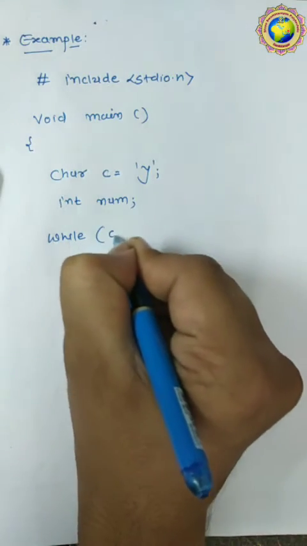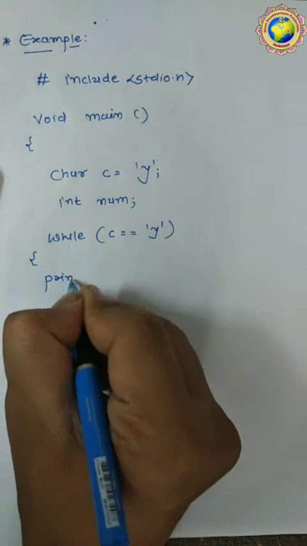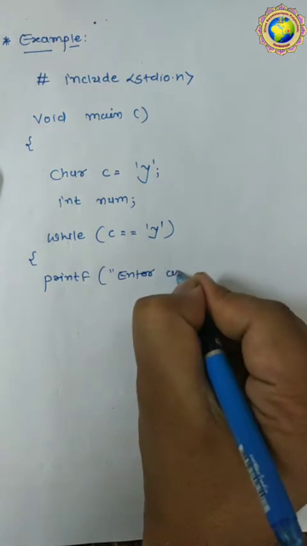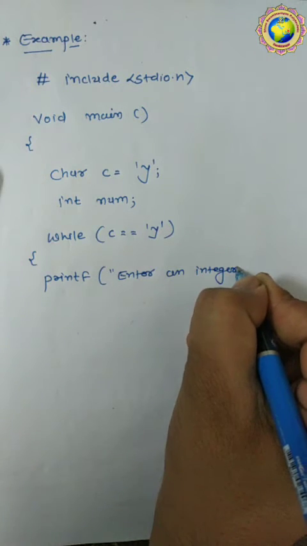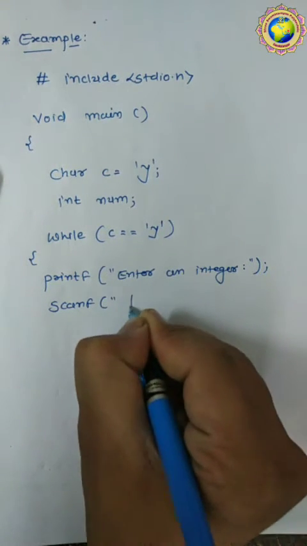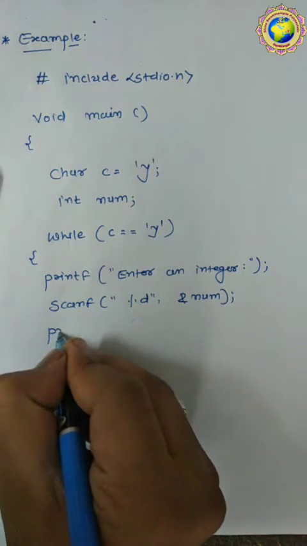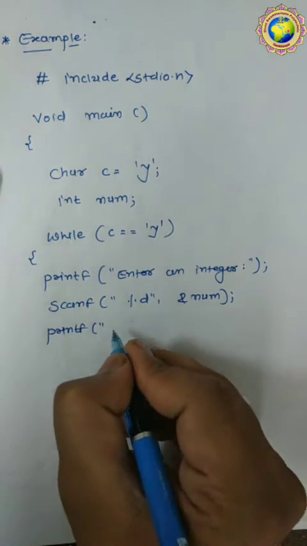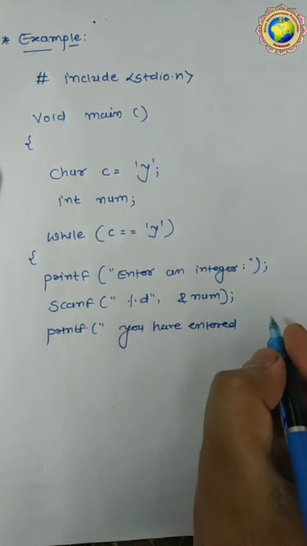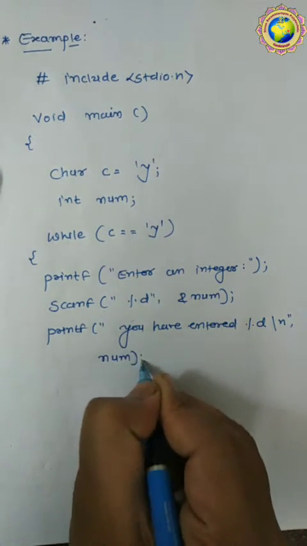While c is equal to y, printf "Enter an integer", then scanf "%d" ampersand num, and printf "You have entered %d\n", num.